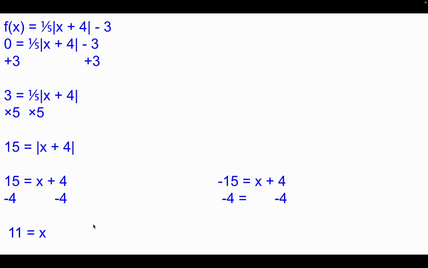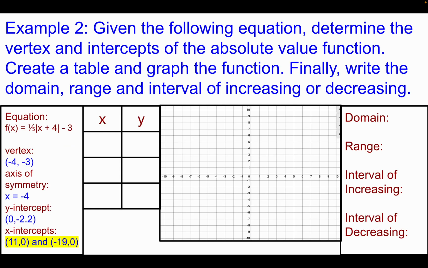I'll subtract 4 from both sides of the second equation and get negative 19 equals x. This equals sign shouldn't be here. So then my x-intercepts will be at 11, 0 and negative 19, 0.